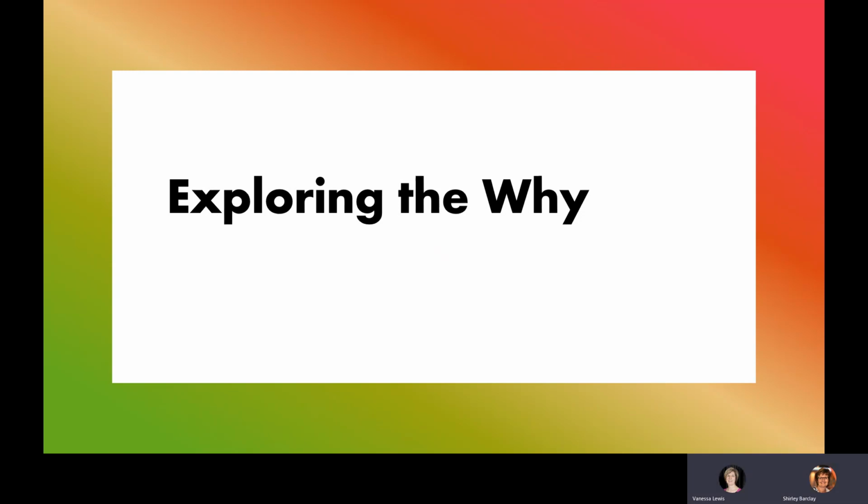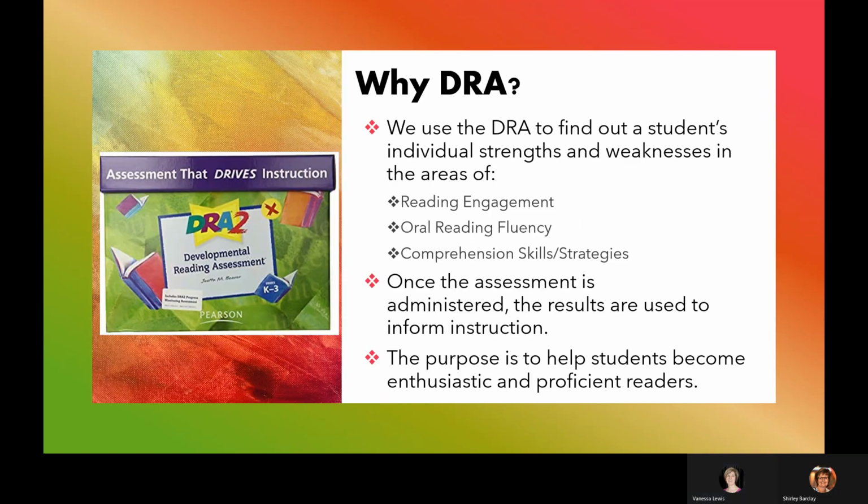So we're going to move into exploring the why and why we administer the DRA. Essentially, the DRA is used to determine what a student's individual strengths and weaknesses are in a number of different areas. The first part of the DRA focuses on reading engagement, or some of those phonics or decoding pieces related to reading.